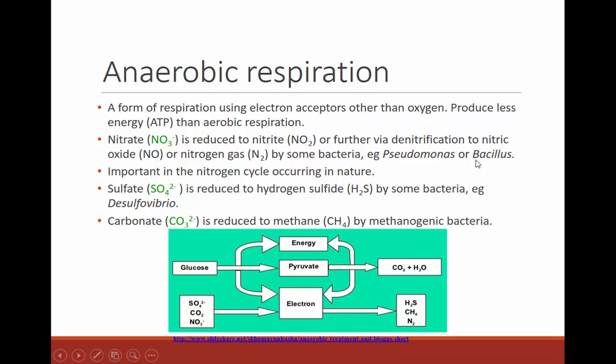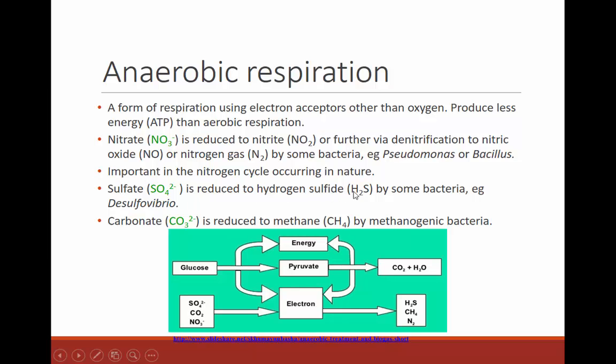So sometimes if you have an anaerobic incubation and you open it up, you can really smell that nitrogen gas. So you can suppose that it could be Bacillus or Pseudomonas.